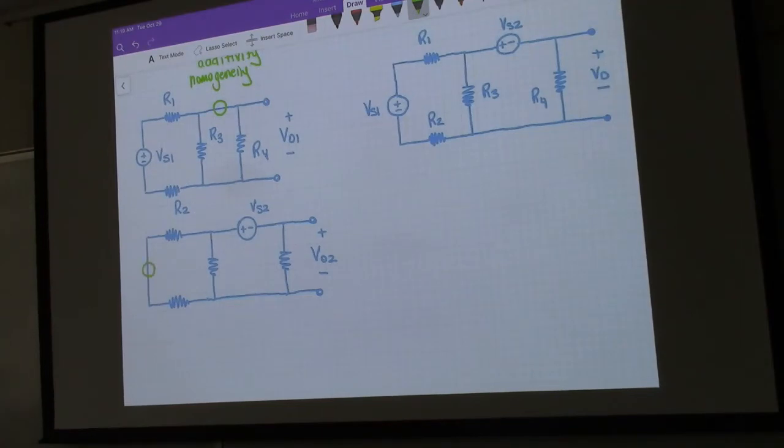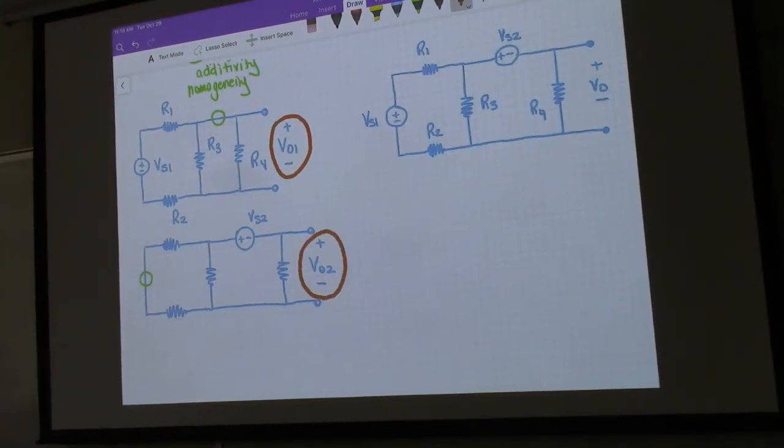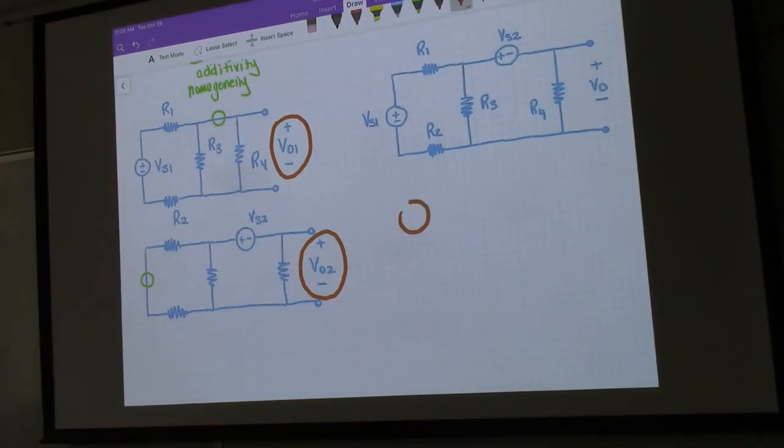That's where our source used to be. So what we can do is take this, and it'll give us our V out.